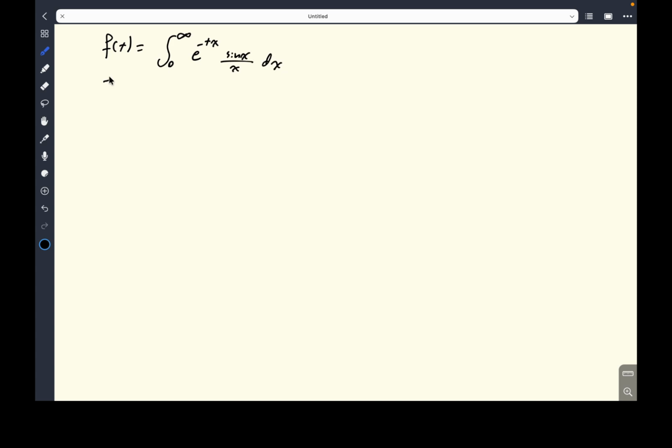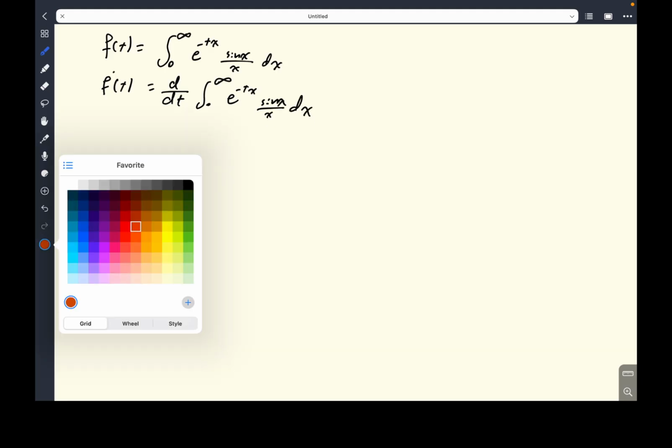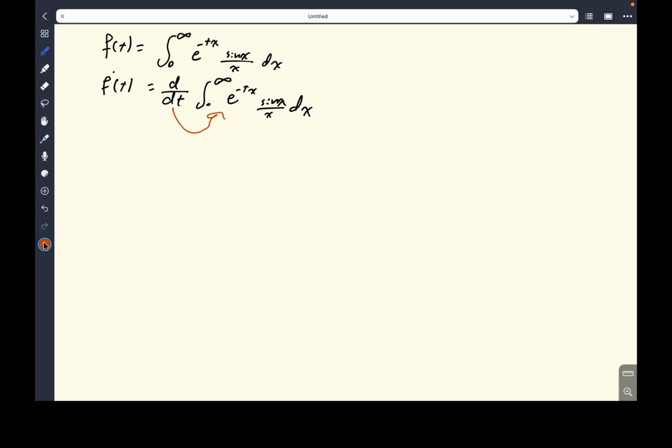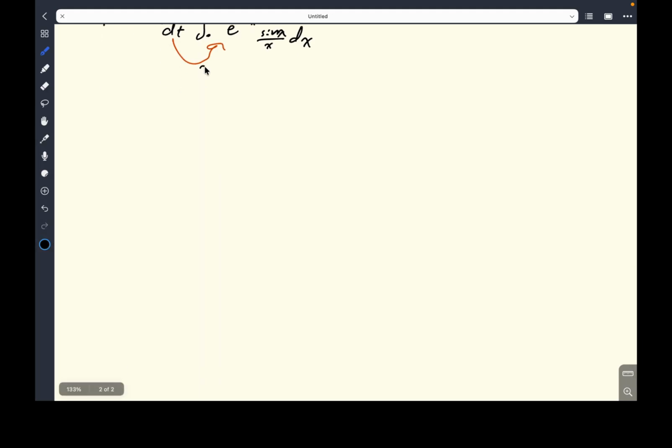Now, I can differentiate f of t. It's going to be f prime of t, and I'm gonna take the derivative with respect to t of the whole thing here. So this d dt is gonna move inside, and it's gonna become a partial derivative, partial t.